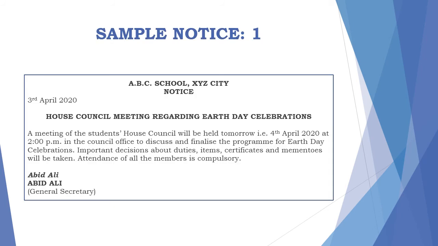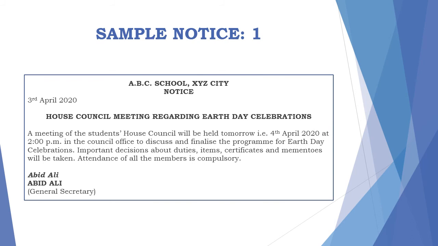Students, now let's see how the sample notice has been drafted. It is drafted inside a box. On the top center, the name of the school and name of the city is given. Here in the question statement, there was no name given, so we have written ABC School and XYZ City. After that comes the word notice, the title.